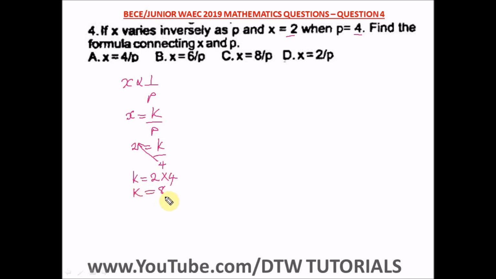So K is 8. All you need now to do is put K is equal to 8 into this what? Formula, which connects what? X and P. So here we have X is equal to 8 divided by P. So this is the formula that connects X and P. And our right option here is option C.